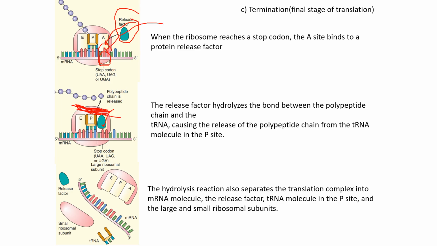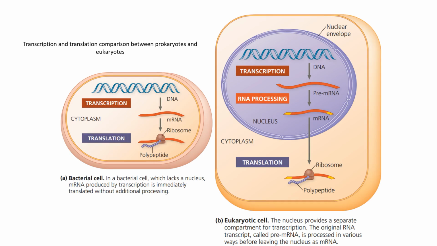It will hydrolyze the bond between the polypeptide chain and the tRNA at the P site. When this happens, the polypeptide chain is released, as well as the ribosomal subunits; the large and small subunits dissociate. When that happens, the release factor is released, as well as the mRNA and tRNA at the P site. So that is about translation.